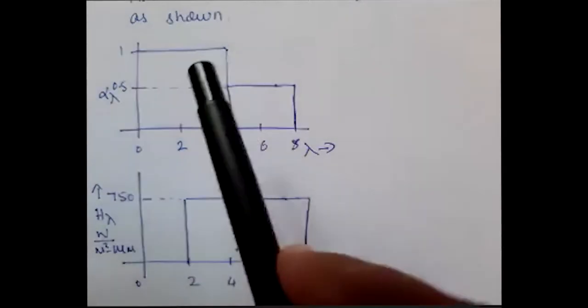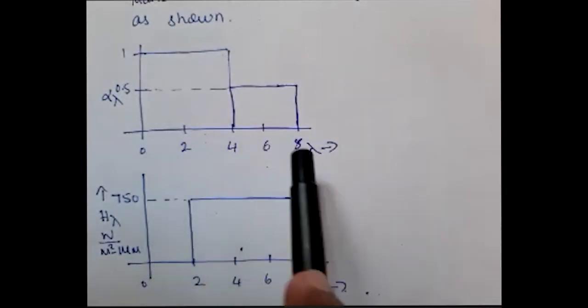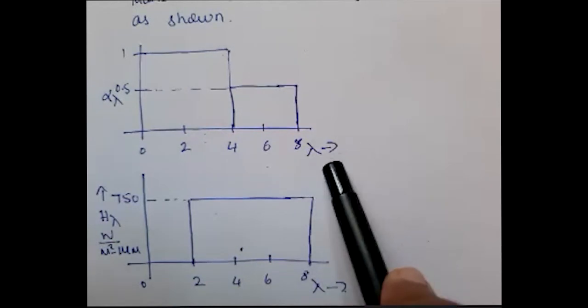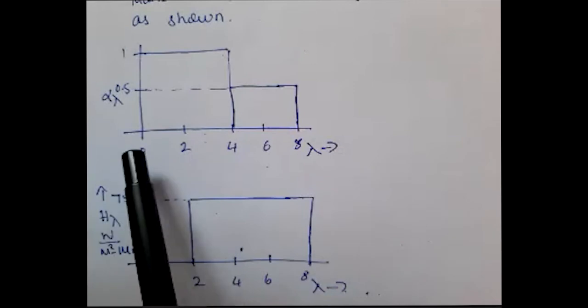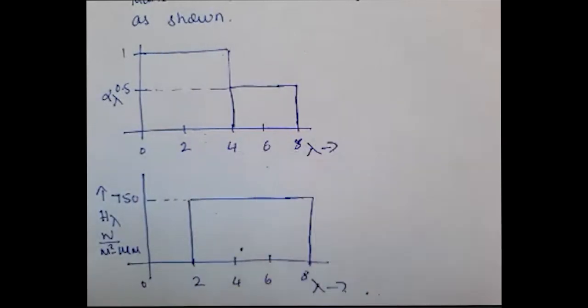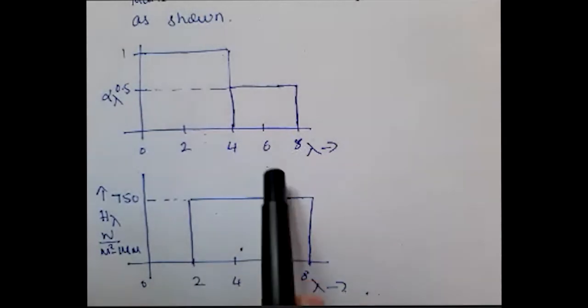Along the x-axis it is varying with the wavelength, that is lambda, and wavelength is varying from 0 to 2, 2 to 4, 4 to 6, 6 to 8.